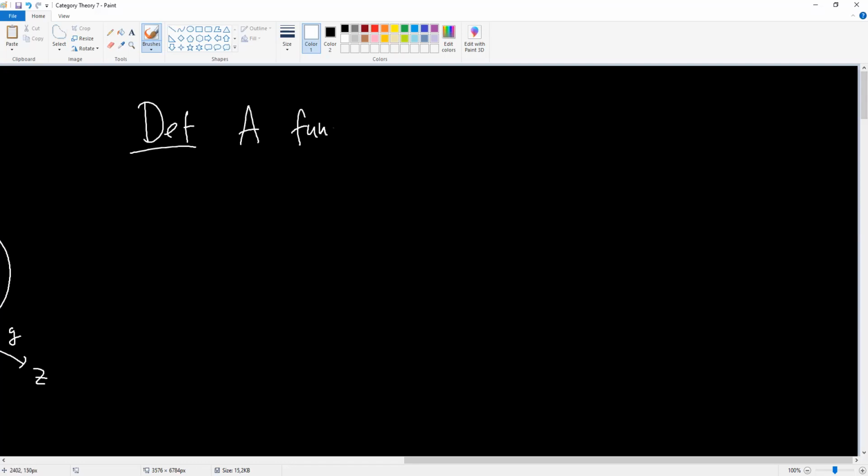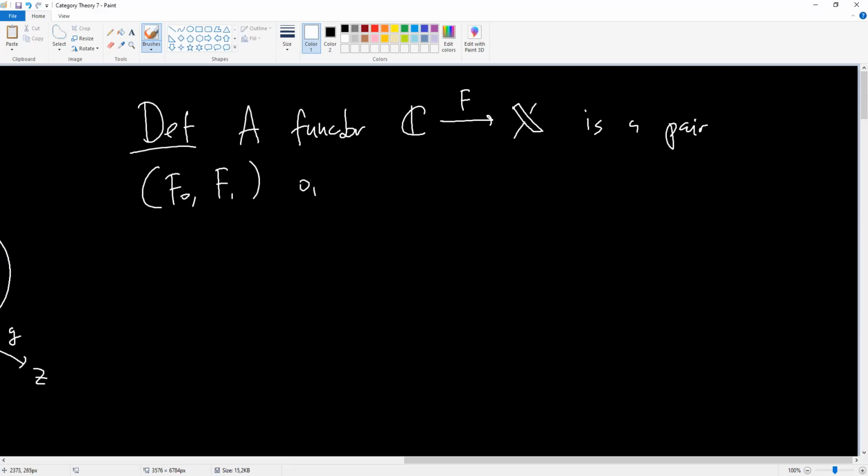A functor F from a category C to a category X is a pair F0, F1 of maps.